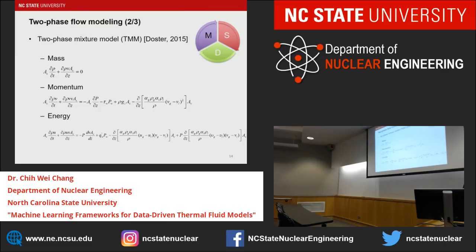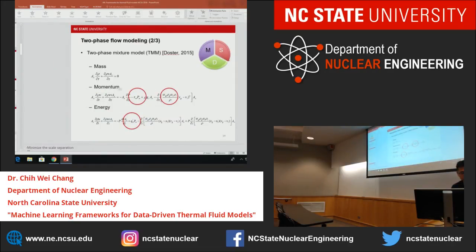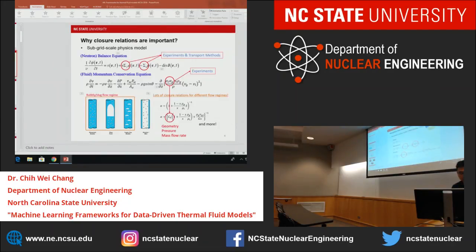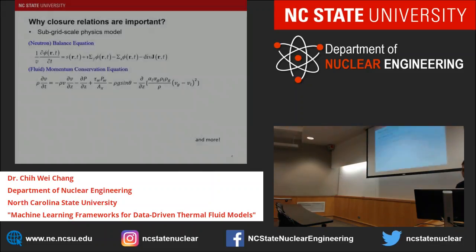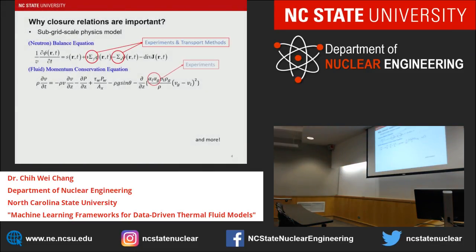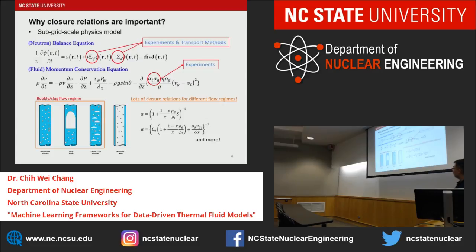in a two-phase application, we would need a correlation like a void fraction. And for that one, usually for the void fraction, people will use the Zuber-Findlay correlation. This correlation fits very well, but there is a distribution parameter that needs to be adjusted based on different geometry, pressure, or mass flow rate.